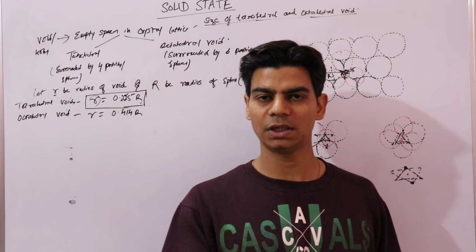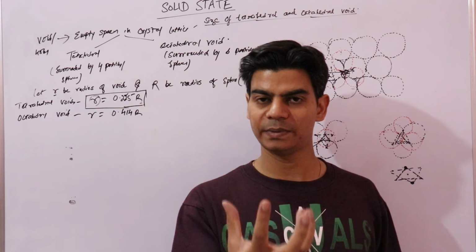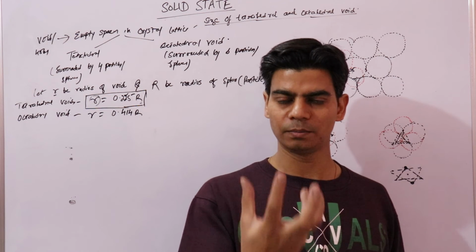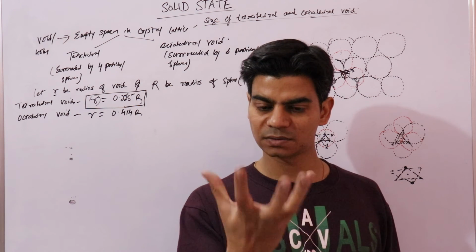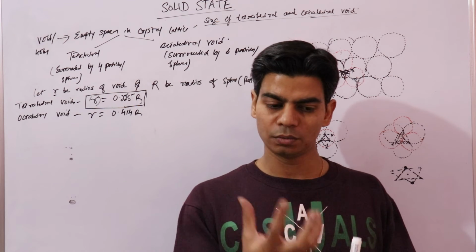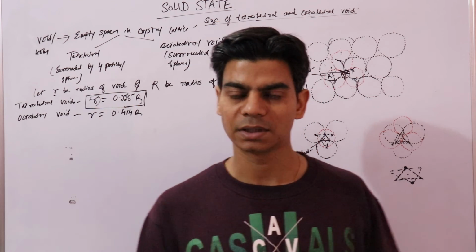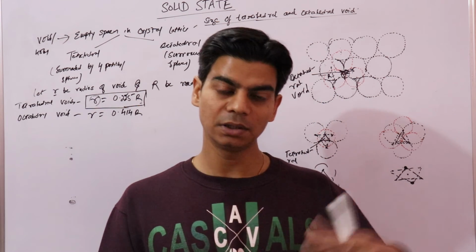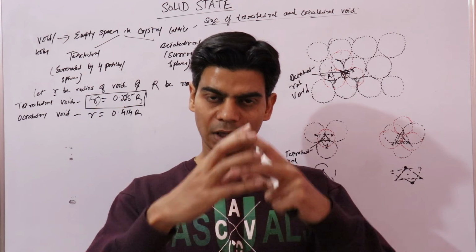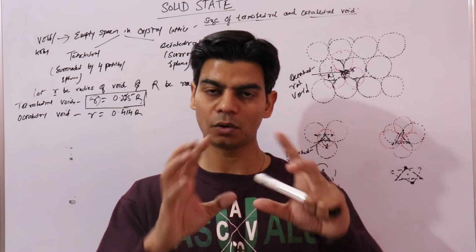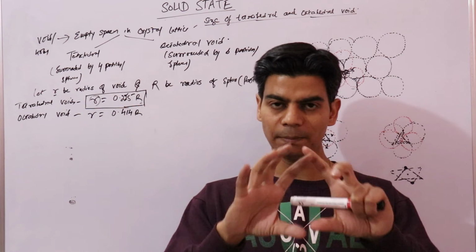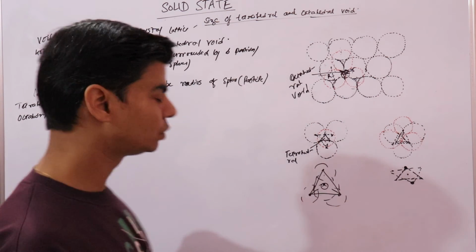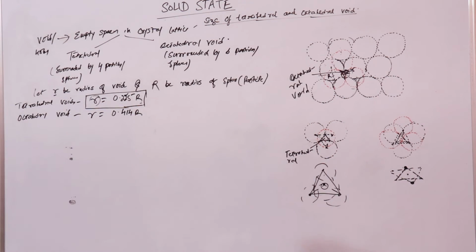Cations have fewer electrons, so they experience more nuclear force, so they are smaller. Anions have more electrons than the neutral atom, so the outermost shell experiences less force, so they are bigger than their neutral atoms.